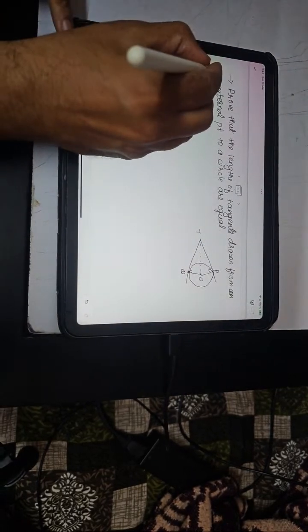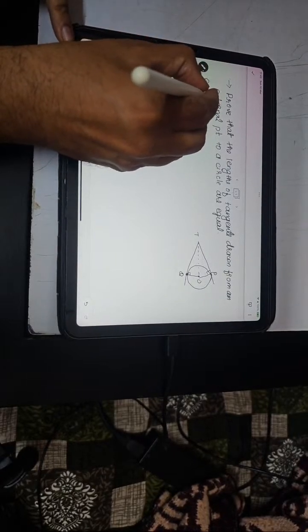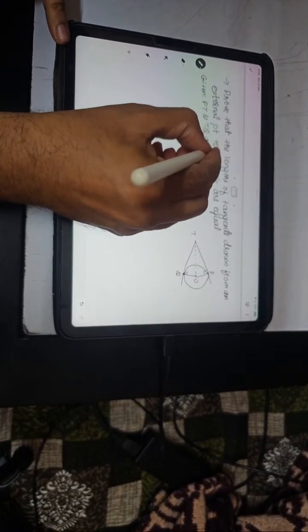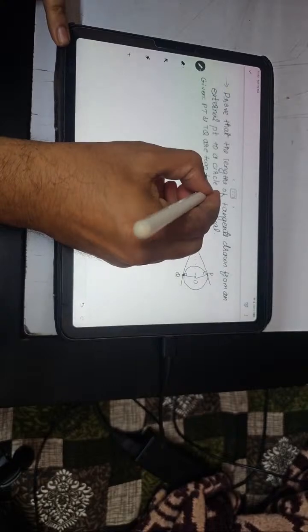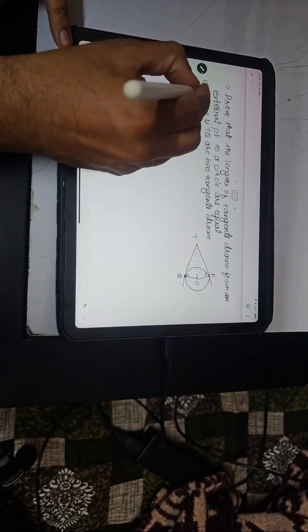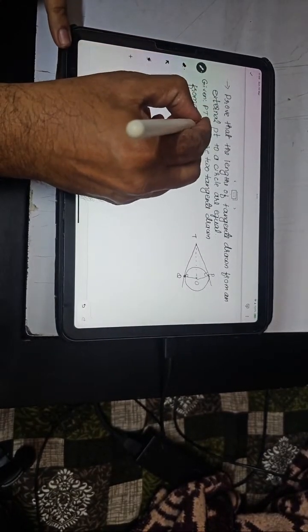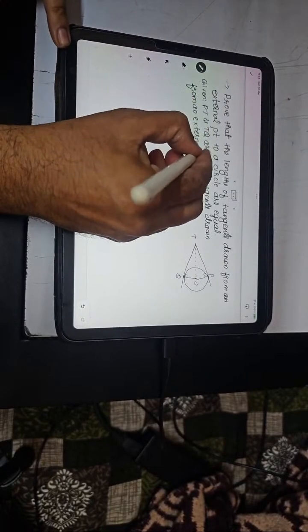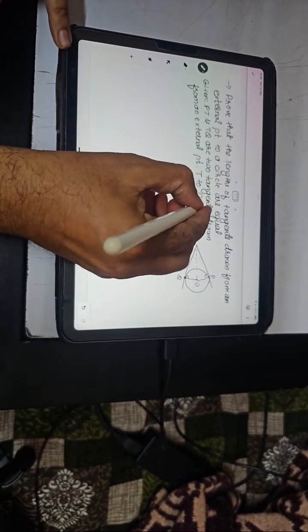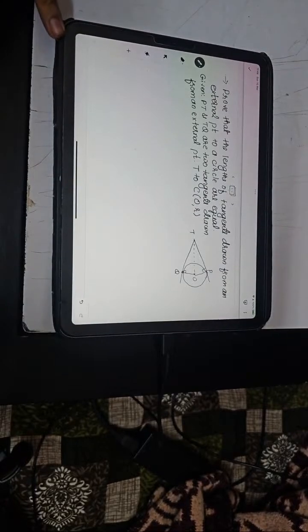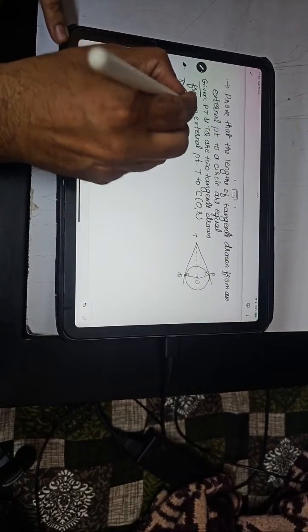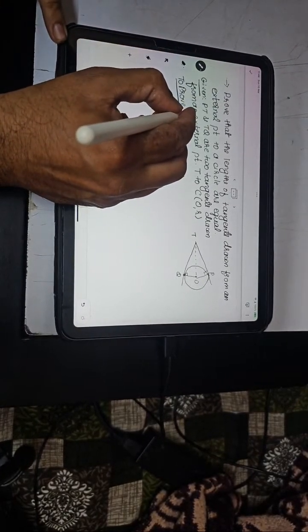Now see here, what is given to me? PT and TQ are two tangents drawn from an external point T to a circle with center O and radius R. So now to prove is what?